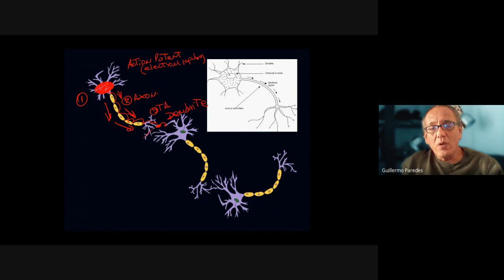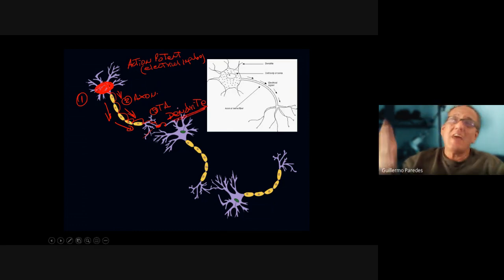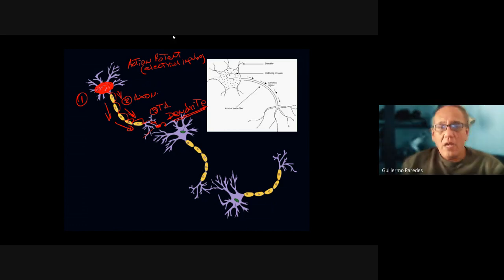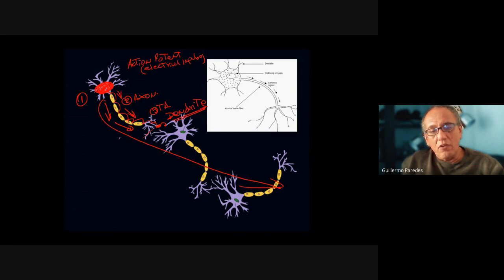So the dendrite is where it's going to receive the electrical impulse from the previous nerve cell. So in conclusion, you will see that electrical impulses are going in this direction, in this direction, in this direction. They're going from the body to the axon, to the terminal axon, and then to the dendrite.